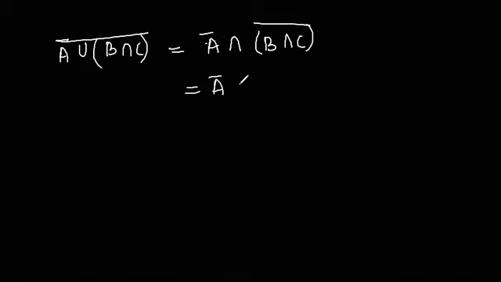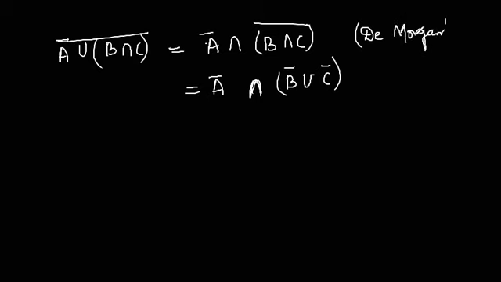After that, A complement intersection B intersection C whole complement. For B intersection C, apply complement to each of the sets individually and also change the intersection, so B complement union C complement. After that, over here I'm supposed to mention the law, so De Morgan's law.